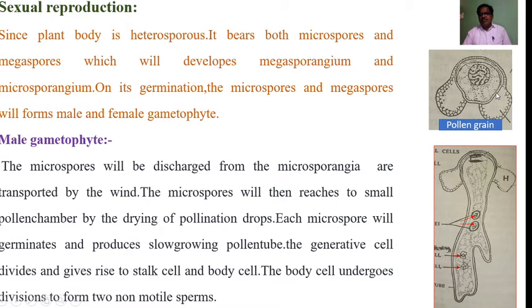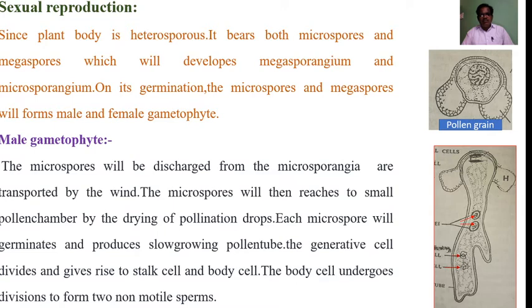At the time of formation of the male gametophyte, at the maturity of the male cone, the microsporangium splits open. There is a slit for the opening, the microsporangia open, and a number of microspores are discharged, liberated and transported with the help of the wind.